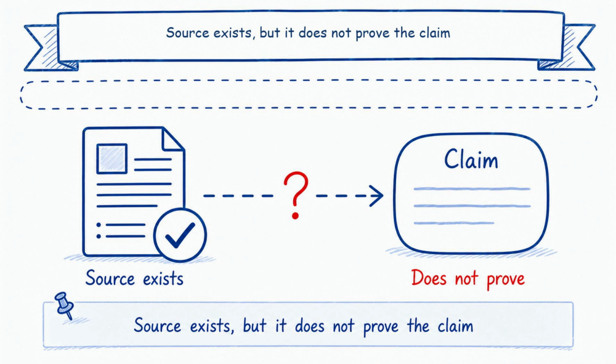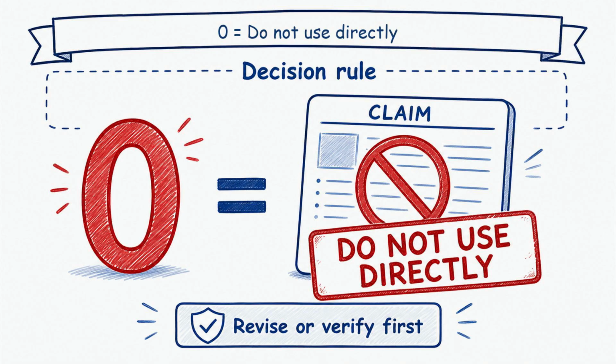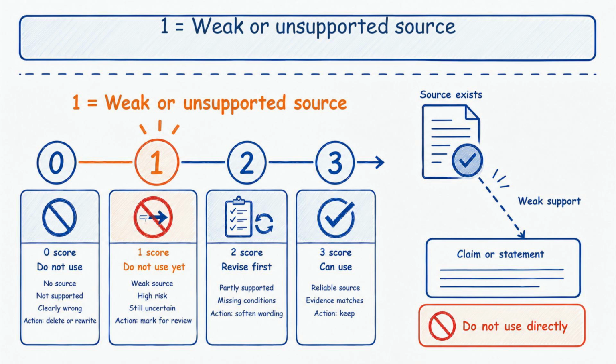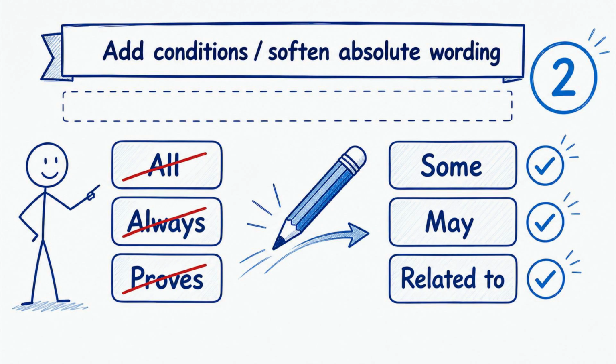The final step is to make a decision using a 0 to 3 scoring system. 0 points. If you cannot find a reliable source using the title, author, or keywords, mark it as 0 points for now and do not use it directly. 1 point. If the source exists, but it does not support the claim or only provides very weak support, do not use it directly. 2 points.